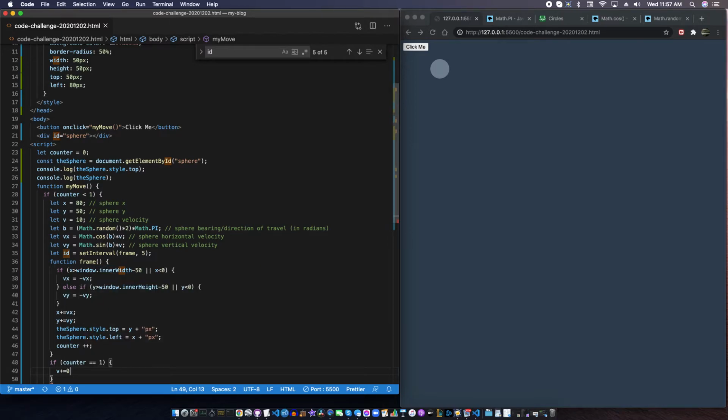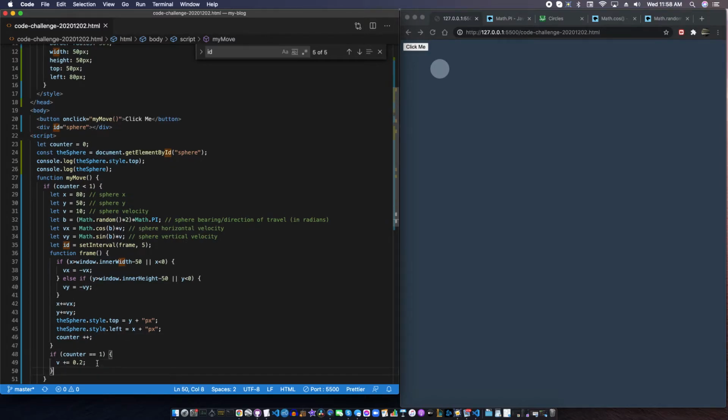I'll say 0.2. Because if I say 1, then it'll only take 10 clicks to make that ball go as fast as it was just going, and that was quite fast. If you want the ball to achieve escape velocity, I want you to work for it. And then we will say counter plus plus. We don't need to say counter plus plus because this is the last thing.